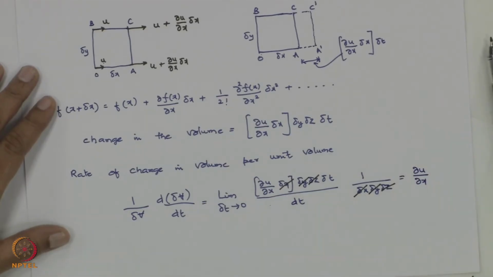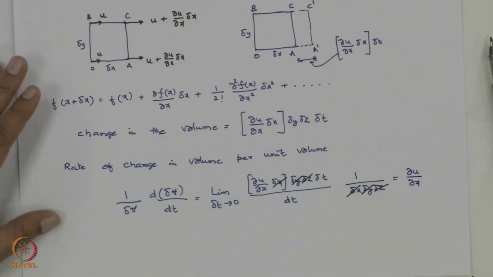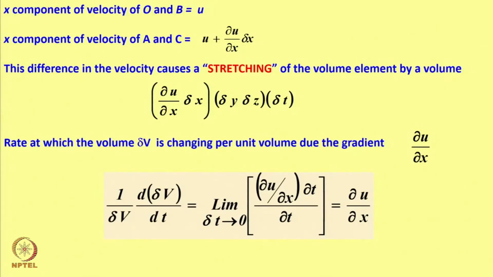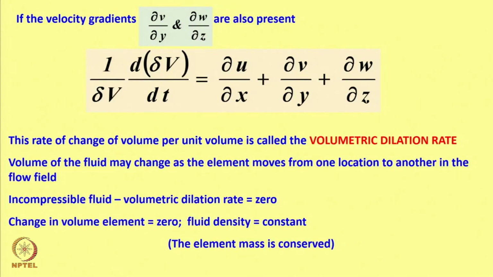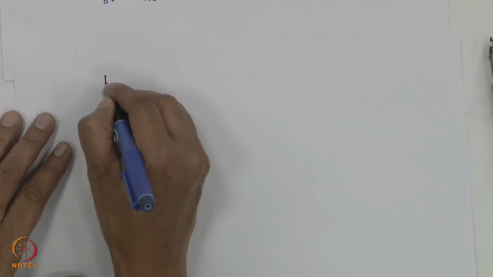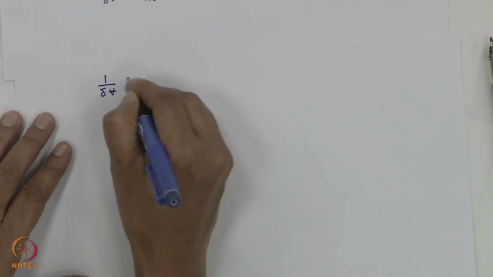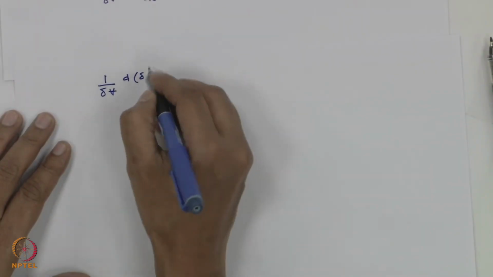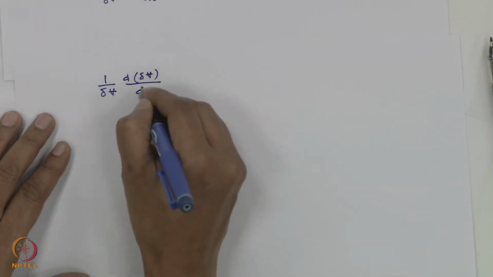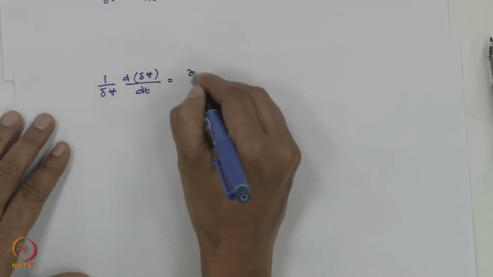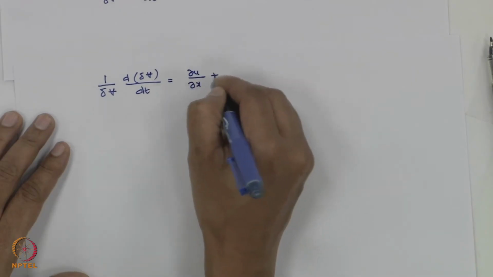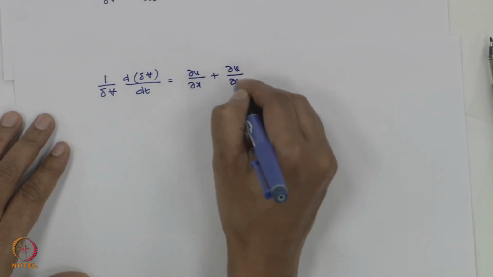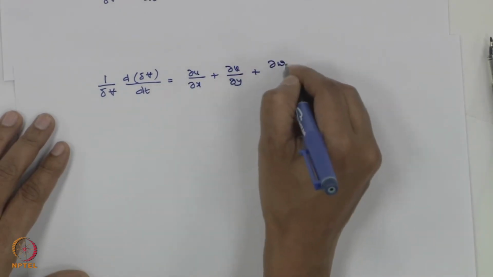So, if there is stretching in the y direction also, let us say y and z direction, what will happen? 1 by delta V, d of delta V by dt equals del u by del x plus del v by del y plus del w by del z.